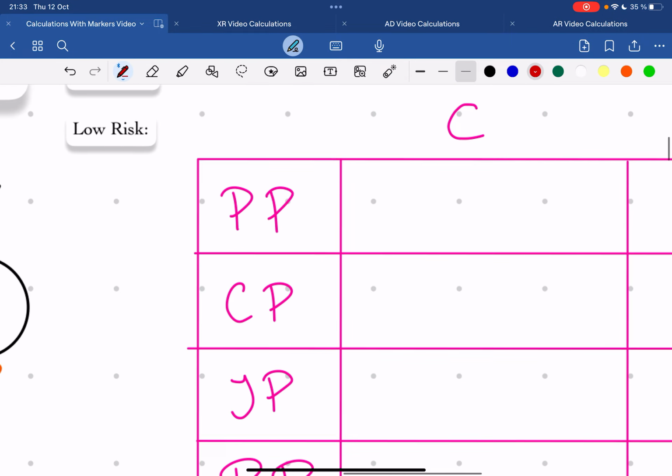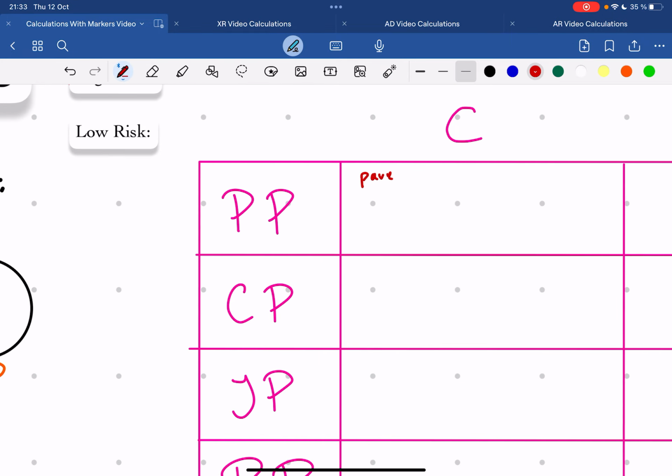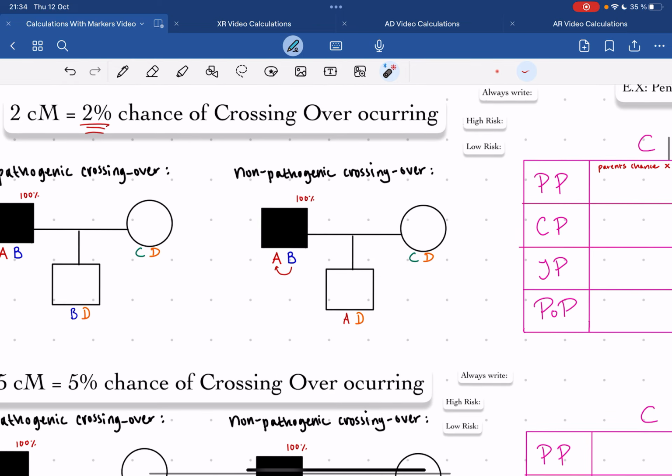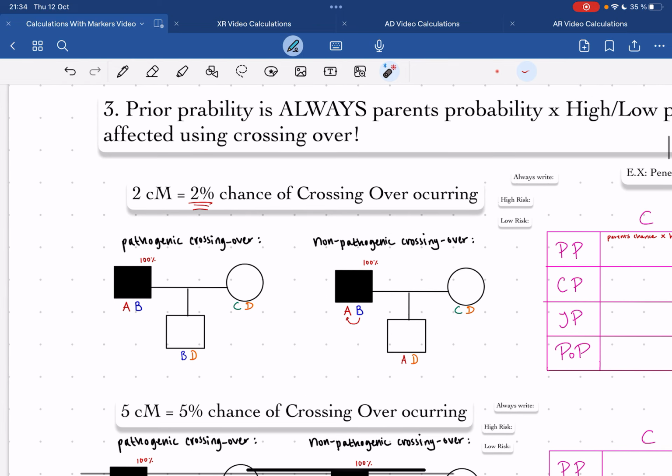That's why we always have to take the parent's chance times the high or low risk. So to be a carrier, it's often either high or low depending on what kind of marker you have.